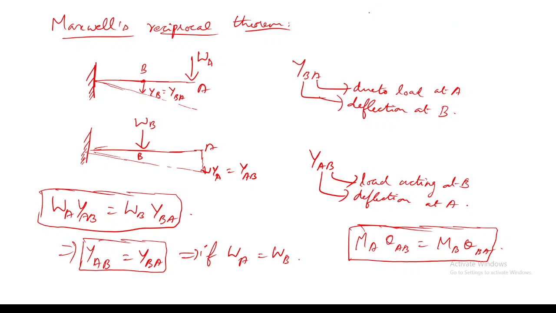For example, for moment, if I have to give you the example, then it will be something similar to this. Instead of load, I will be replacing it by a moment. This is A, this is B, and this is B.